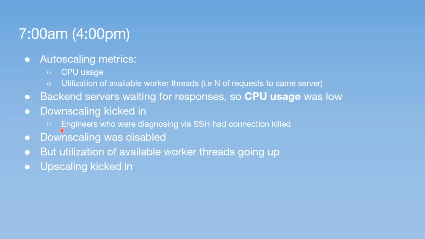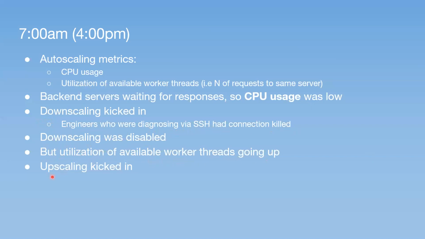This is bad for a number of reasons, but one reason is that many engineers were connected via SSH and suddenly had their connection killed because the instance just went down. So they quickly disabled that downscaling. But very quickly, the other metric, the utilization of available worker threads, went up.